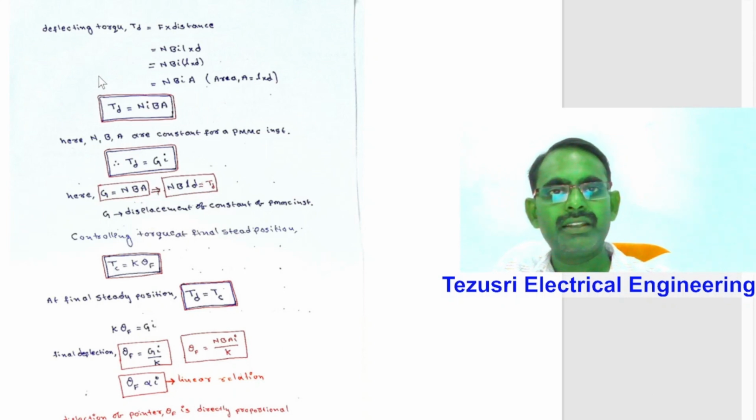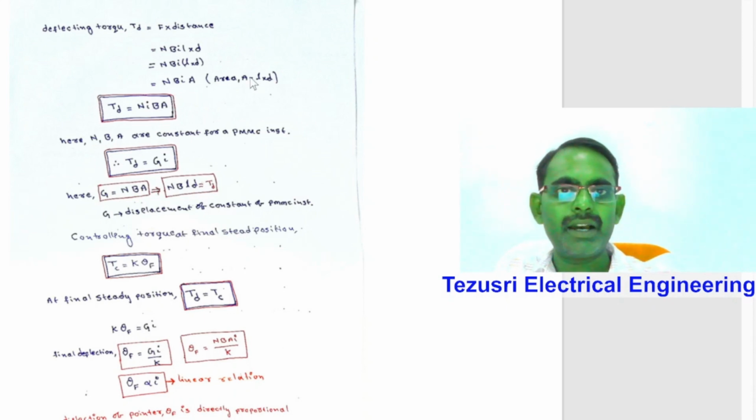Distance is nothing but the length of the moving coil, that is D. Therefore T_D equals B N I L into D. Here L into D is nothing but the area of the coil. Therefore this equation becomes T_D equals N into I into B into A.